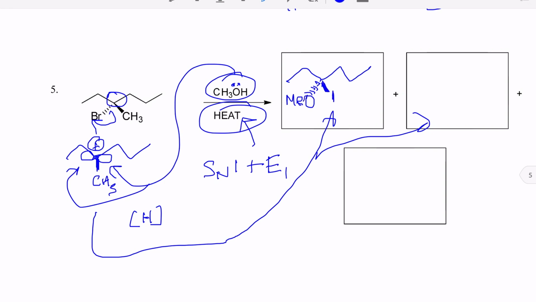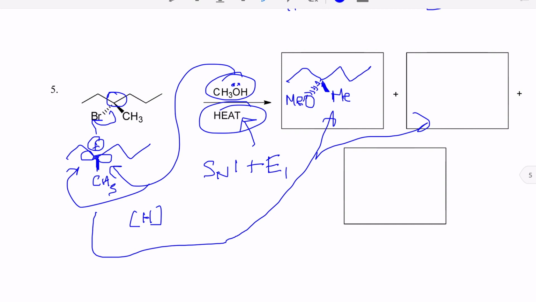So basically what we see here is the first variant of our product, right? But if it was to attack from the front end of the molecule, we would see something a little different.